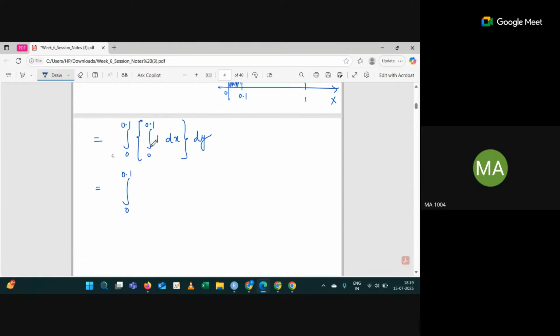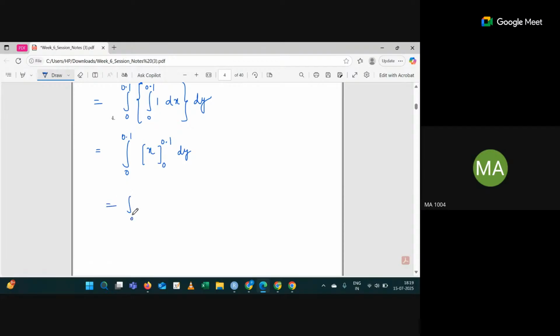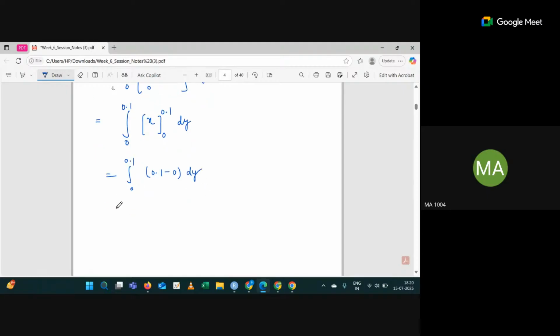Correct. So if you integrate this, you will get x, and then you put the limits 0 and 0.1, dy. Substituting upper limit minus lower limit, this will be the integral from 0 to 0.1 of 0.1 dy.